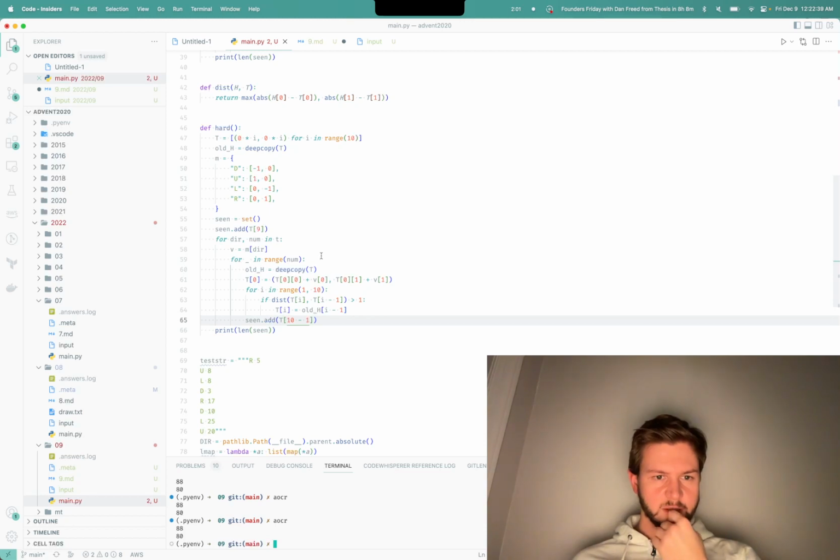T0 gets added the vector, which is still this. We are moving through the chain this way.